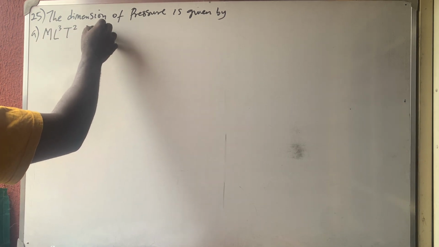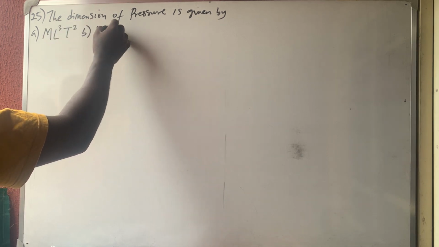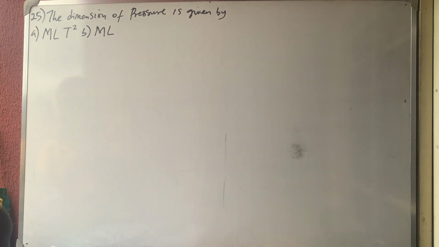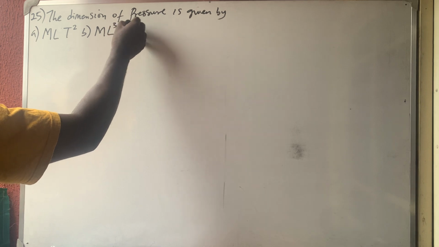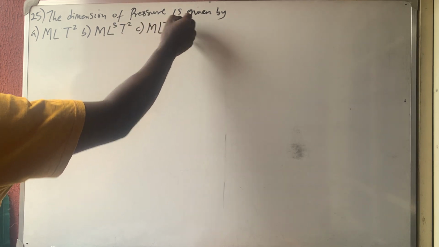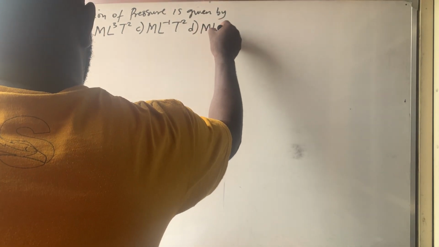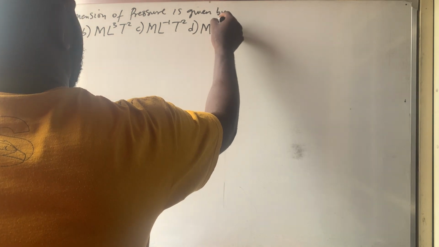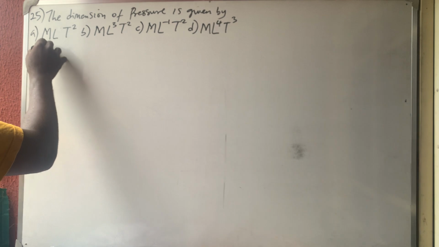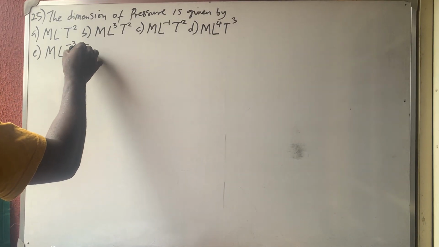Option B said MLT2. Option C said ML minus 1 T2. Option D said ML4 T3. Option E said ML minus 3 T minus 1.